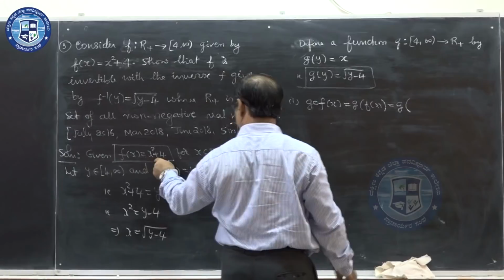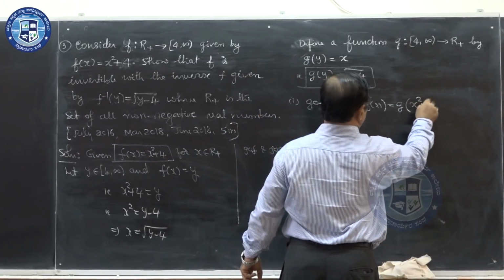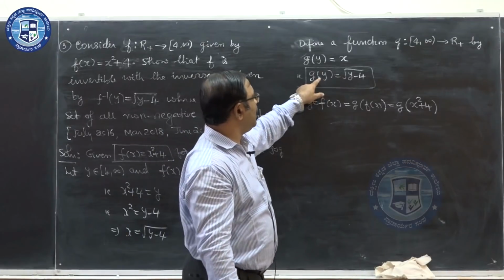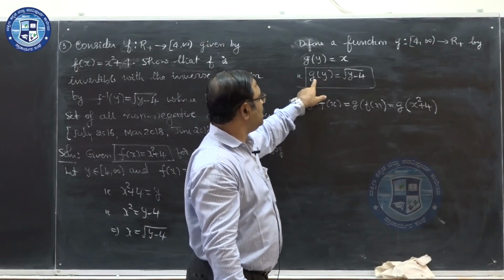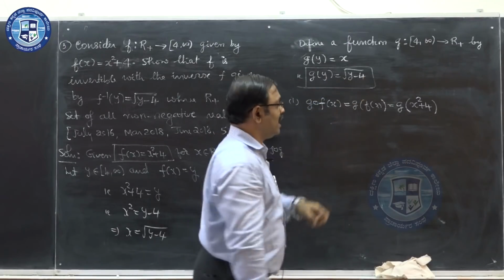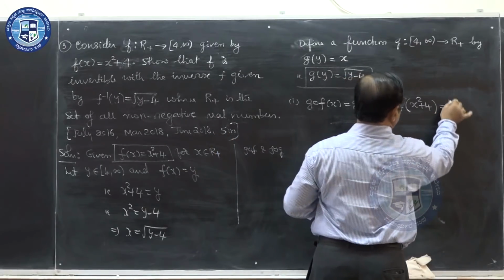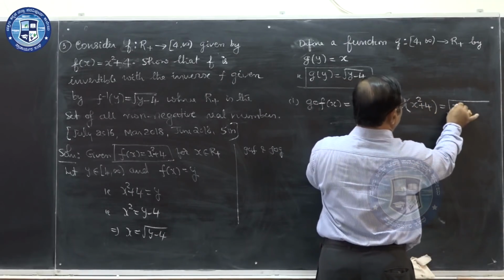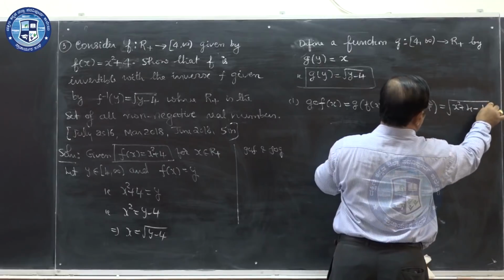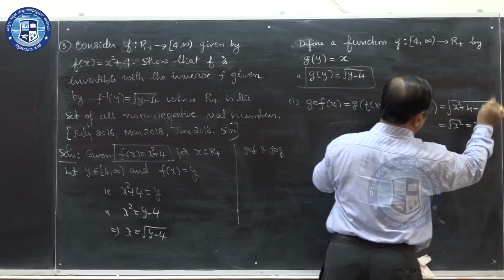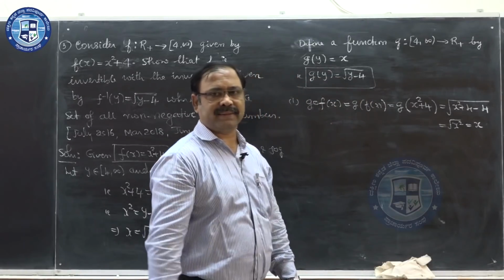F of x is equal to x squared plus 4, correct? G of y is root of y minus 4. Therefore, this is root of x squared plus 4 minus 4. So this is root of x squared equal to x.